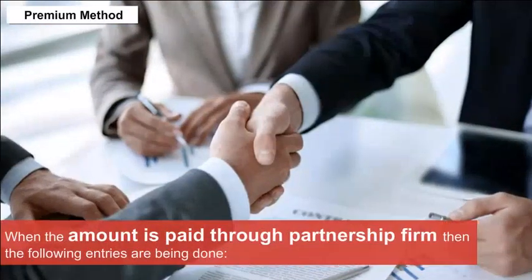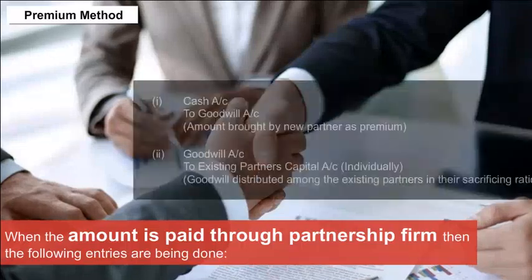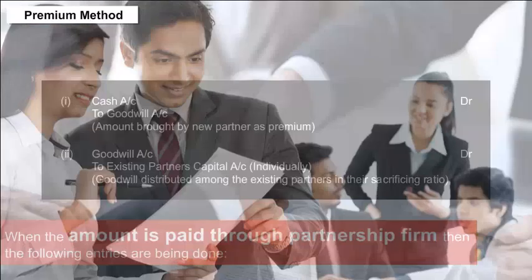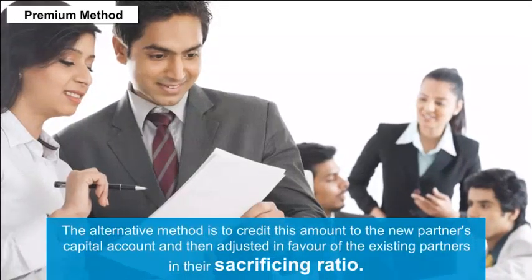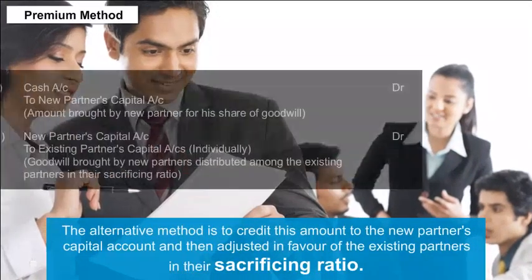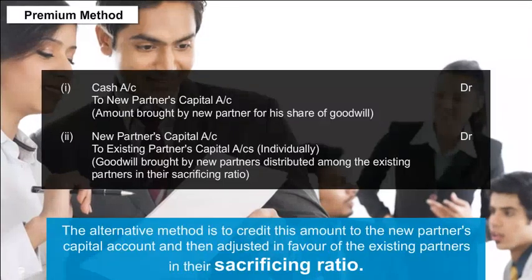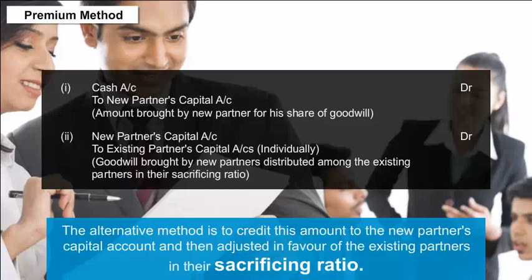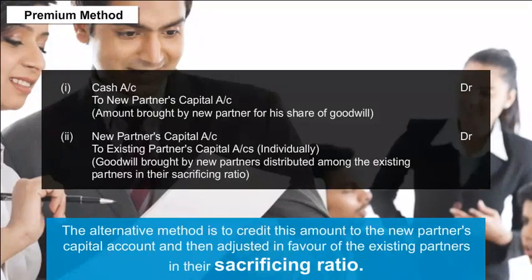But when the amount is paid through the partnership firm, then the following entries are done. The alternative method is to credit this amount to the new partner's capital account and then adjust it in favor of the existing partners in their sacrificing ratio.